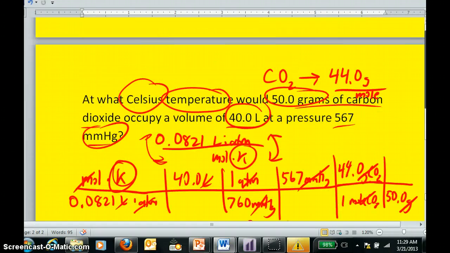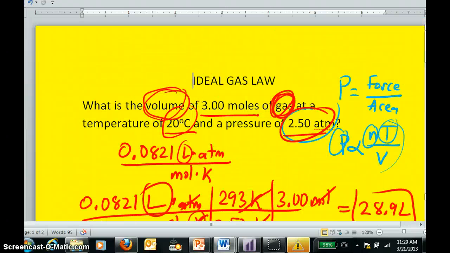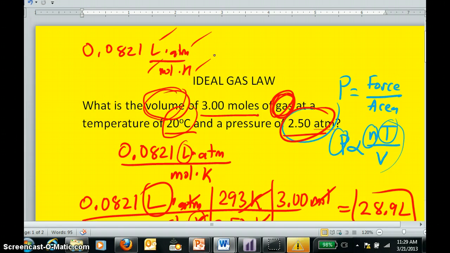So hopefully these examples have shown how just knowing the ideal gas law constant itself, I can find a volume, a pressure, an amount of gas, or a temperature anytime I want, as long as I'm dealing with a gas. That's the key. And yes, some people learn the ideal gas law and plug numbers in, plug in their pressures, their volumes, their temperatures, their moles, and their constant.